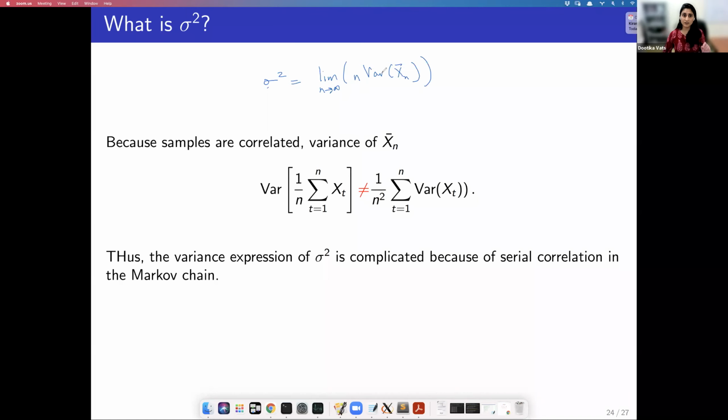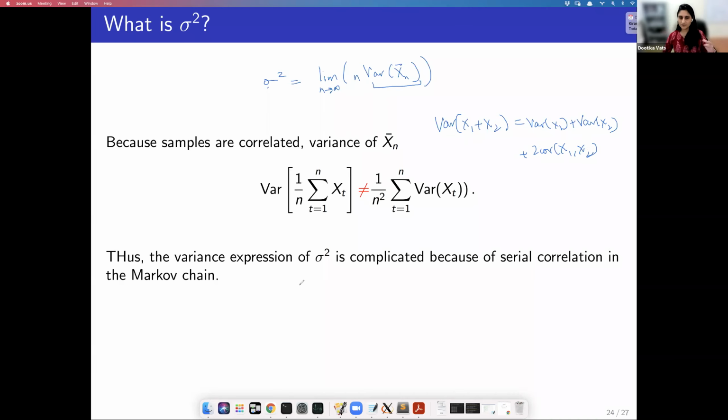Now the issue is, if I look at the variance of 1 by n of the sum of the x's, because my x's are correlated, this is not going to be just the sum of the individual variances. We have the variance of x1 plus x2 equal to the variance of x1 plus the variance of x2 plus 2 times the covariance between x1 and x2. When these are independent, the covariance goes away. When these are correlated, it very much stays there.